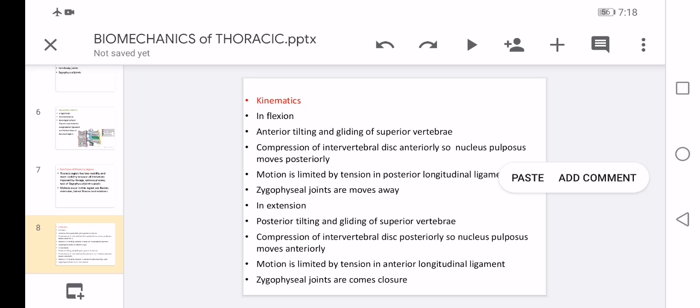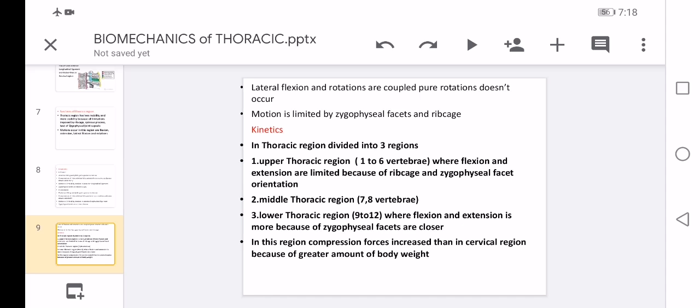This motion is controlled by the force of the ALL ligament, and the zygapophyseal joints come closer. Lateral flexion and rotation are coupled, but they are not pure rotations, as the thoracic region is for stability rather than mobility. Motion is limited by the zygapophyseal facets and the rib cage.